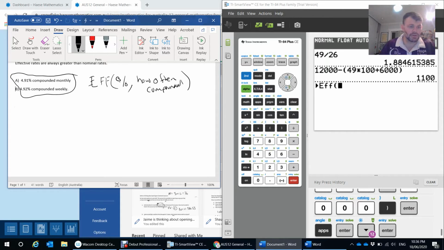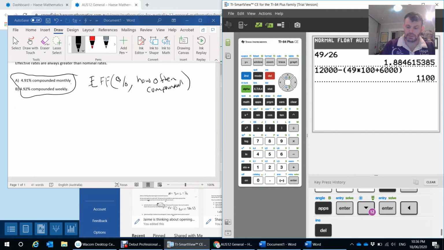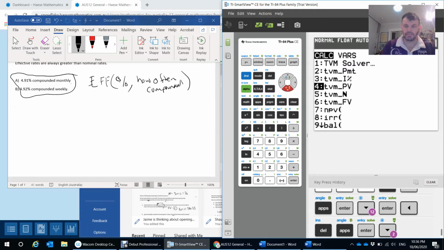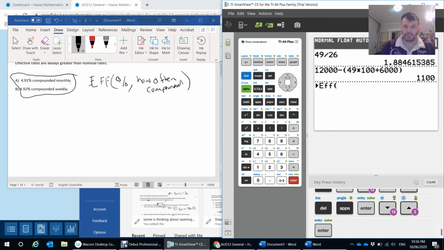So in this case, if we look at the first one, we're going to put the interest rate in as it's written, 4.91. And we want to put the comma in.